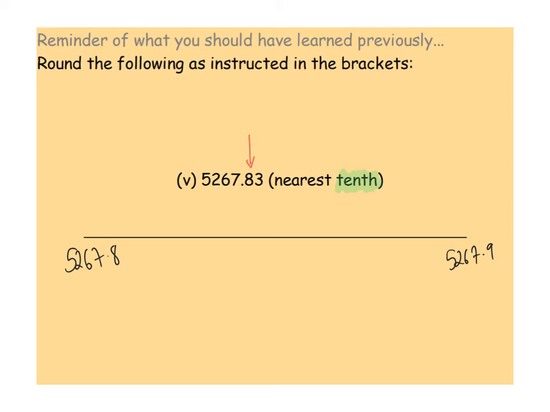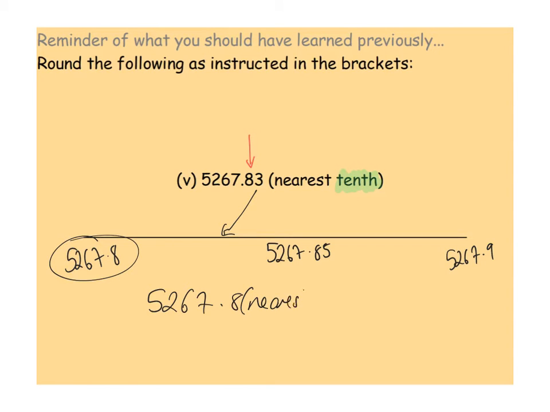Halfway between those two is 5,267.85. This number is 5,267.83, so it's going to be less than the middle. So that means it's nearer to the left-hand side of my number line. So it's nearer to this one here. So 5,267.8 to the nearest tenth.